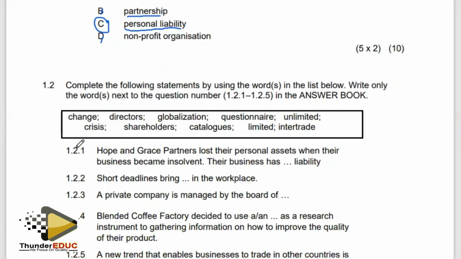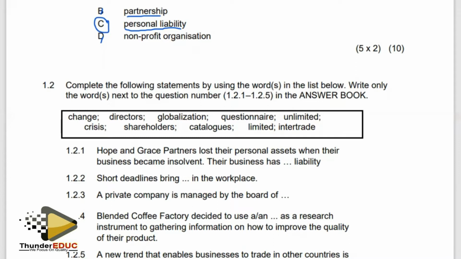The question says, complete the following statements by using the words in the list below. Write only the words next to the question numbers 1.2.1 to 1.2.5 in the answer booklet.